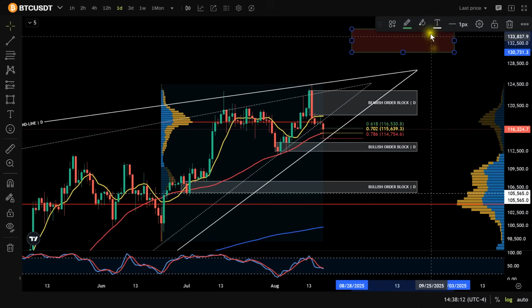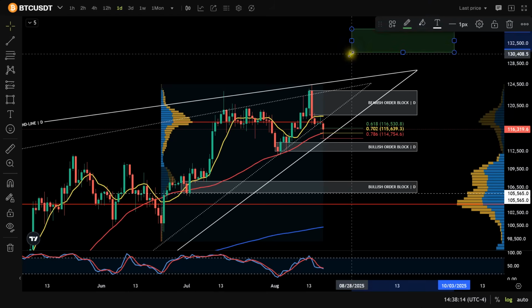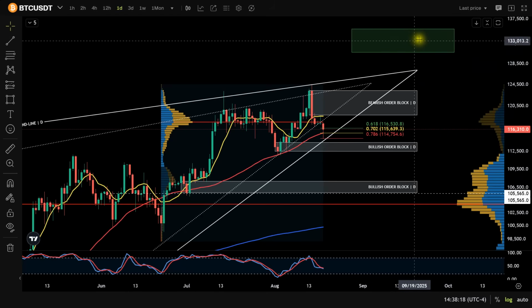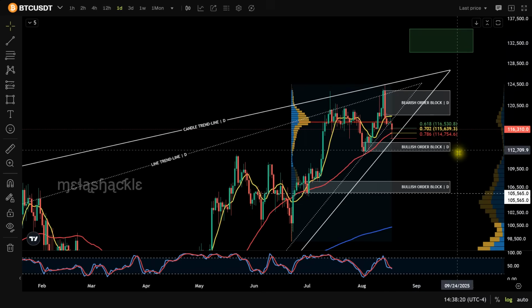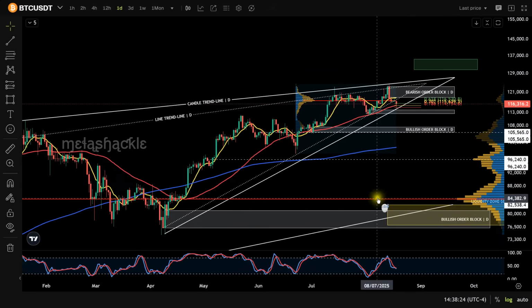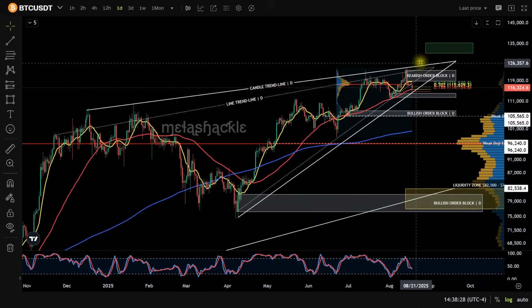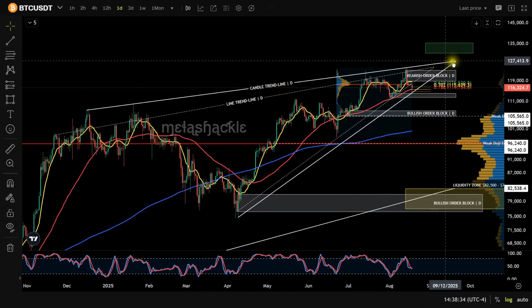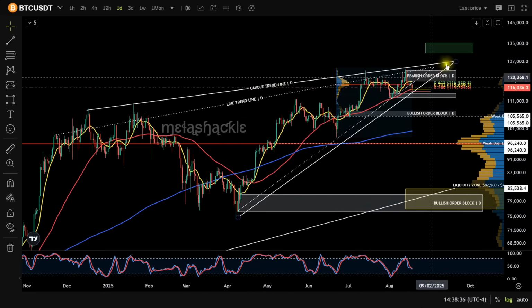It very well could come into this range, which would be represented by this box here. And another thing to keep your eyes on is the fact that Bitcoin is forming this ascending wedge pattern right here, which is most times a bearish formation.